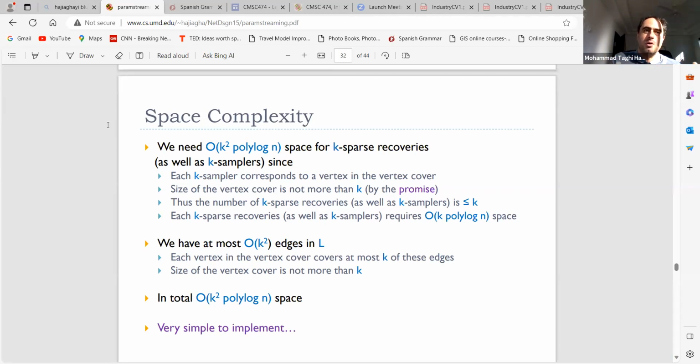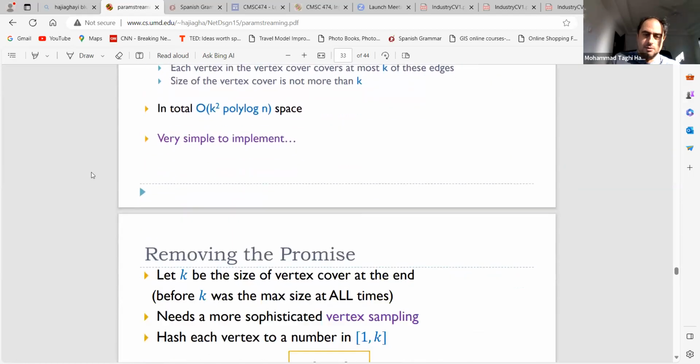Each vertex in the vertex cover covers at most k of these edges, and the size of the vertex cover is at most k, so k times k would be k squared, which is the size of L. So in total we have k squared times polylog n space for this implementation, which is essentially O tilde of k squared. And this is very simple to implement. I will talk about it.